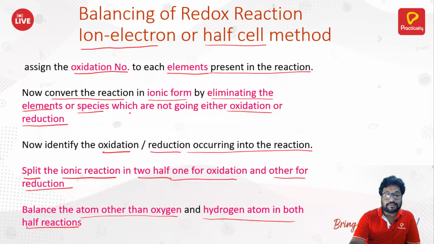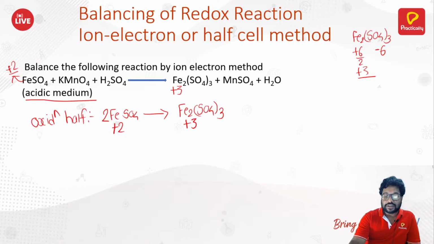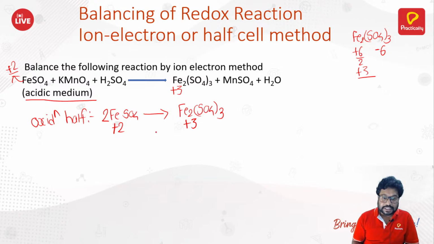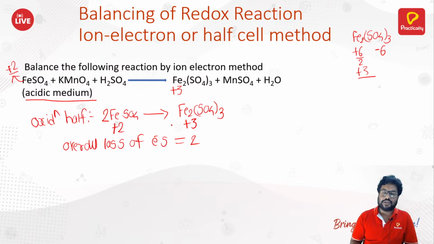Or I would rather use the other term, the gain or loss of electrons. So it is a loss of electrons. I would rather write overall loss. Overall loss of electrons here is 2, because each iron is going from +2 to +3. That means it is losing 1 electron, so if you have 2 irons, it will lose 2 electrons overall. So that is your equation number 1.